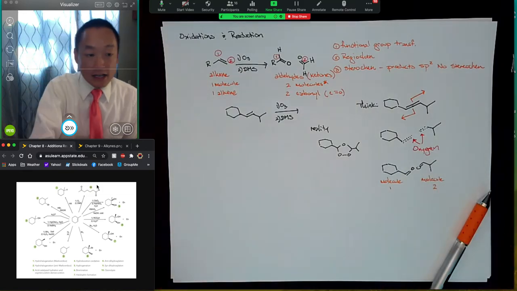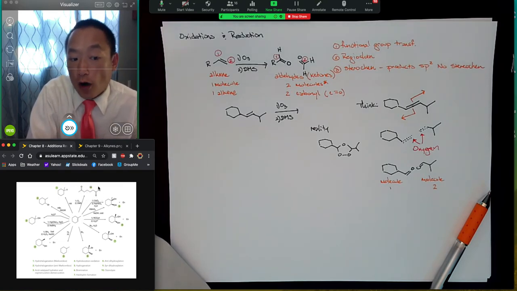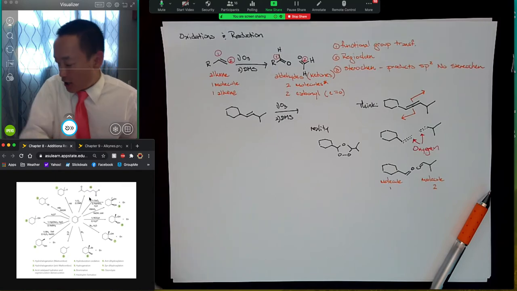And you'll notice that here in this example, I have molecule 1 and molecule number 2 here. But in the example over here, you'll see that you only get one molecule as a product, and that's because your alkene was attached.